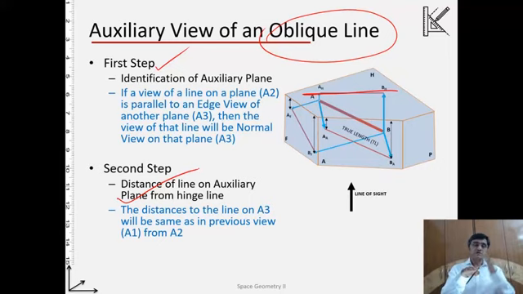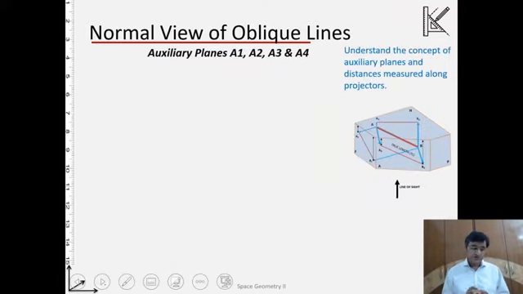So I will say this way, in the given example which is shown over here, frontal plane is orthogonal to horizontal one, and the A3, which is the auxiliary plane, is also orthogonal to horizontal one. The auxiliary one is A3, horizontal one is A2, and the frontal one is A1. So this is the second step. Now using this, we will try to do normal view of an oblique line.